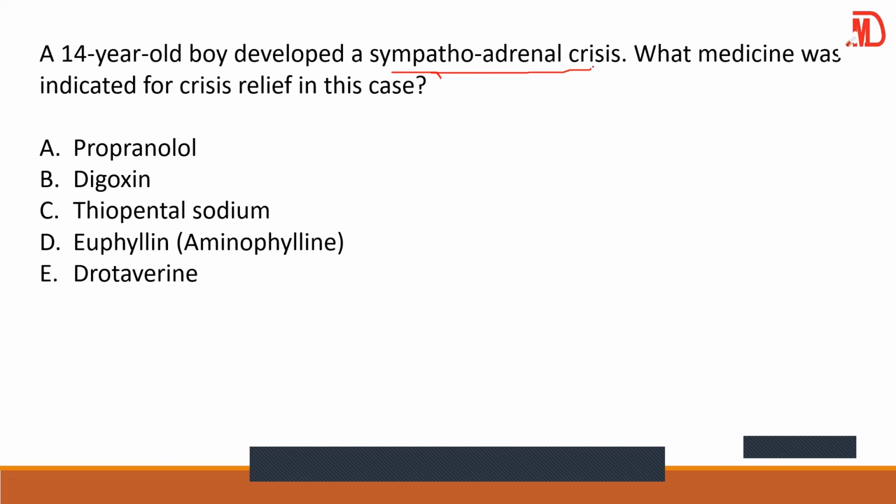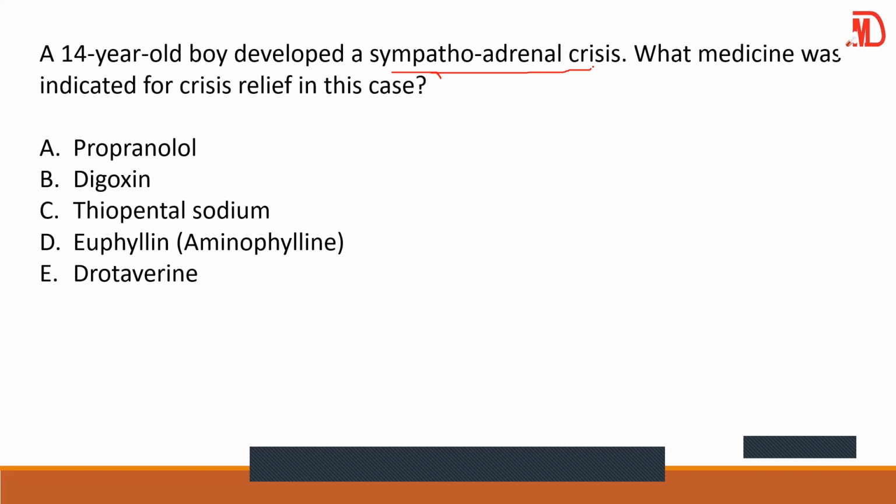So definitely you are looking for a drug that has the ability to block these receptors. These adrenal epinephrines, they act on what? Beta receptors, or beta agonist receptors. So basically, you would want a beta blocker, a beta blockade.